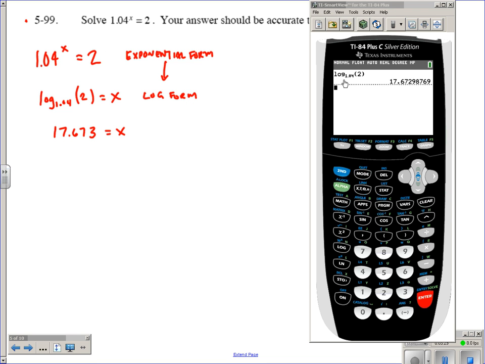Now this is a great method to use if you have this new operating system, but what if you don't have the new operating system on your calculator? How else can this be solved?